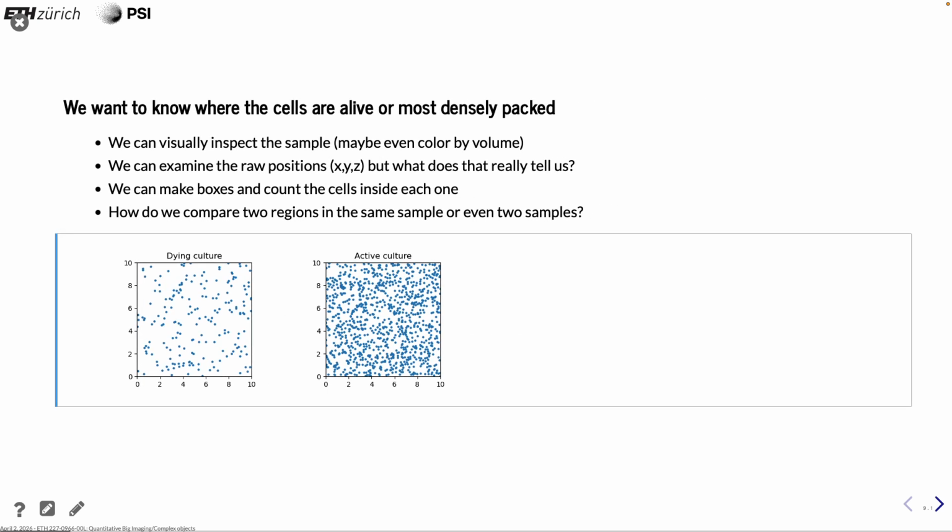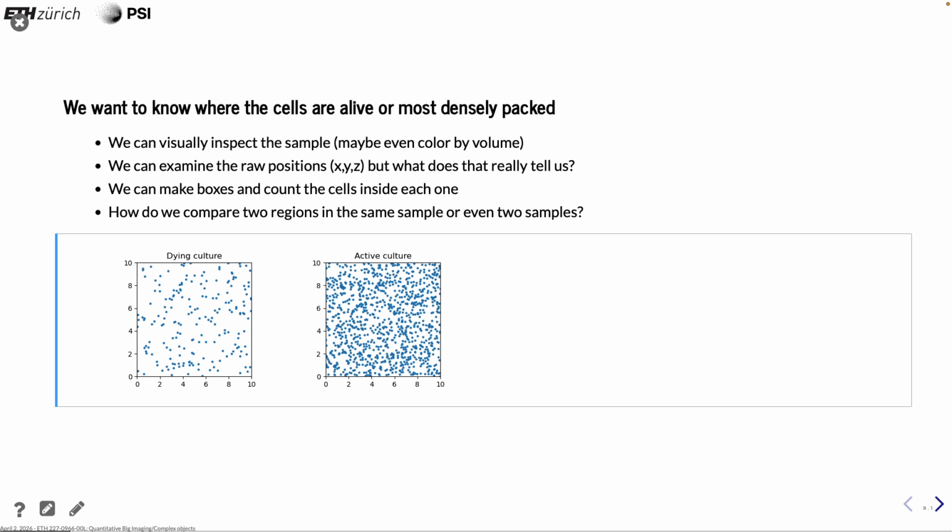And one way is to look into how to identify this. You have some cell cultures in a microscope, for example, a dying culture. Then the cells, as you can already see by eye, are more sparsely distributed. And in the active culture, they are much more densely packed.